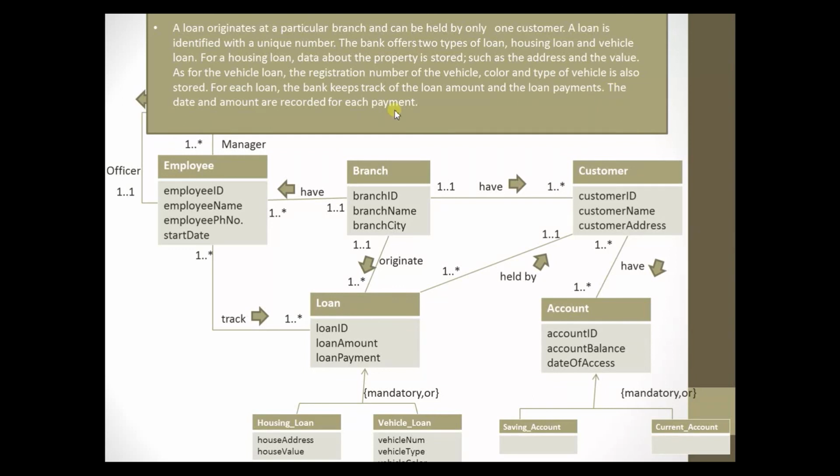And here it mentions the date and amount are recorded for each payment. So in this track relationship, we create a new relationship attribute that is stored, and in this relationship it will store the payment ID, payment date, and payment amount.